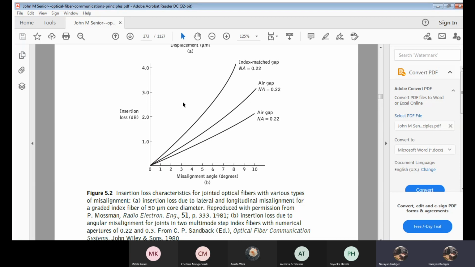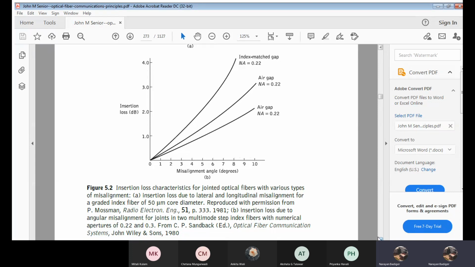Hold both the pipes in your hand and try to move those fibers away. As you increase the angle, the entire ray or the light wave may come out, and there may even be no chance of a single light wave entering the second cable. That is analyzed using the misalignment with respect to the angle.